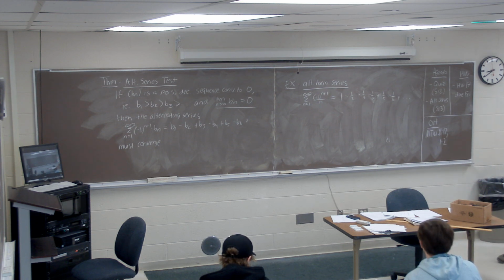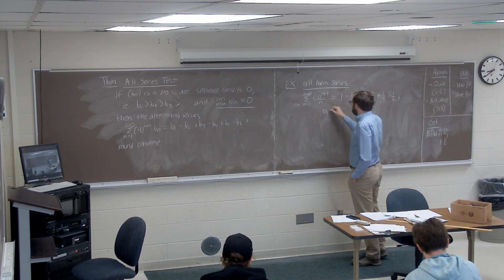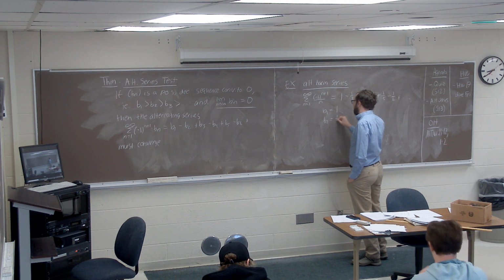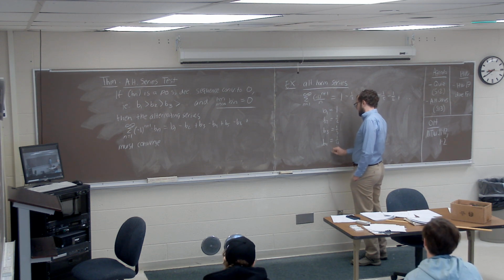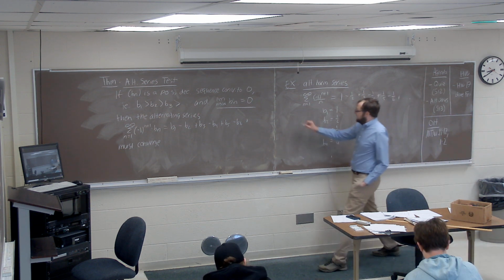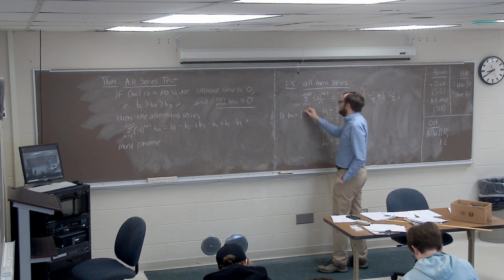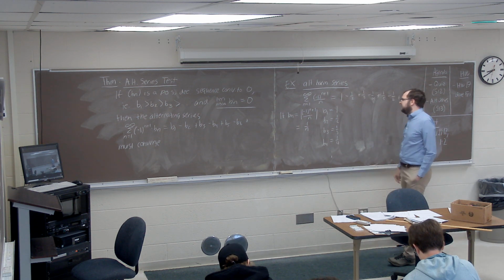If we take the absolute value of each term and write it as b sub 1 equals 1, b sub 2 equals positive a half, b sub 3 is positive a third, b sub 4 is positive 1/4, etc., and say b sub n is the absolute value of (-1)^(n+1) over n, which in this case is 1 over n.